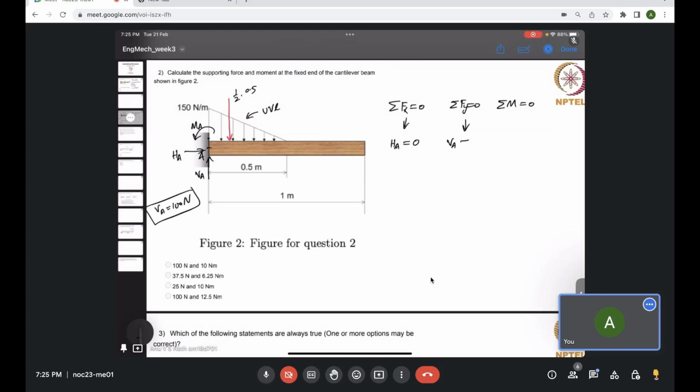Somebody has commented. What I was saying is, we have to balance VA with the intensity due to the UVL. The intensity of the UVL is half into base, which is 0.5 meter over which it is distributed, and the maximum height is 150. So it's 150 by 4, which is 37.5.